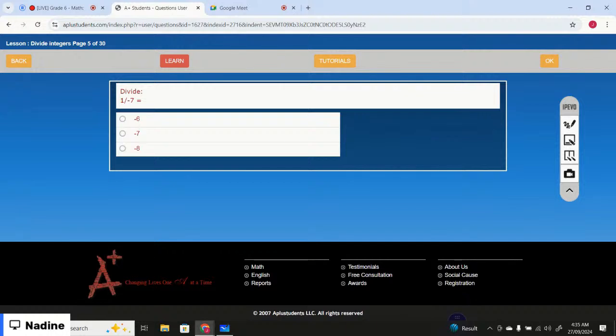Negative 7 divided by 1, which is the correct option? That is negative 7. Option number 2 is the correct option.